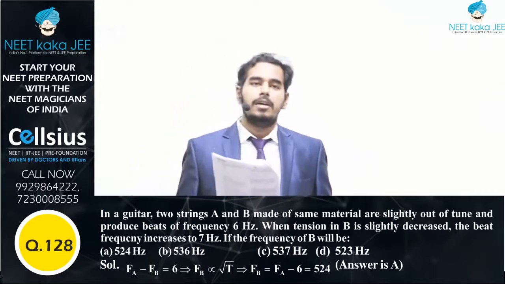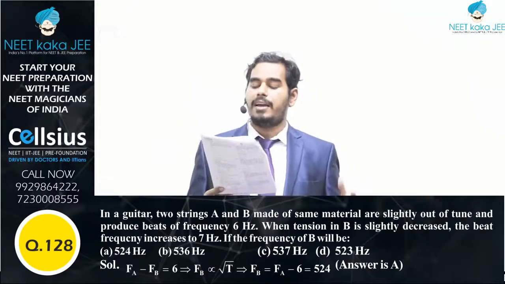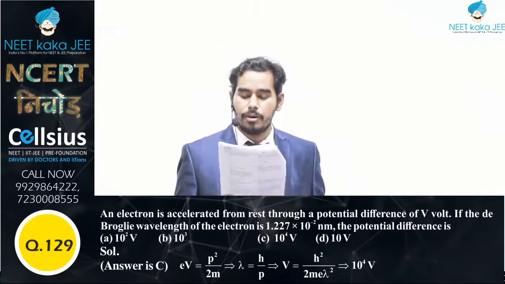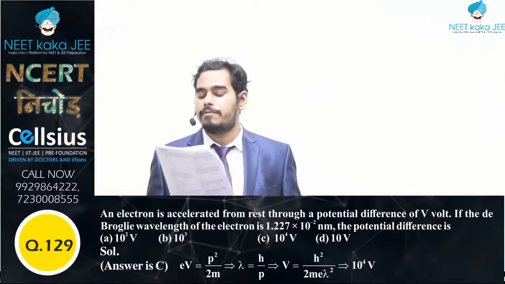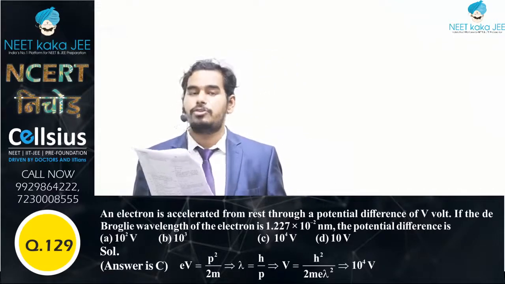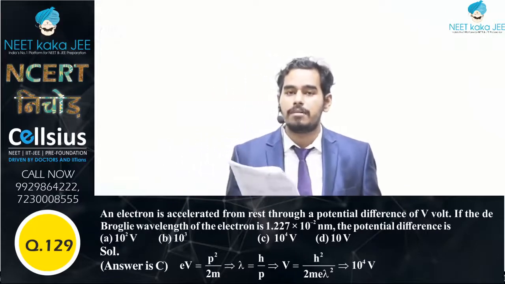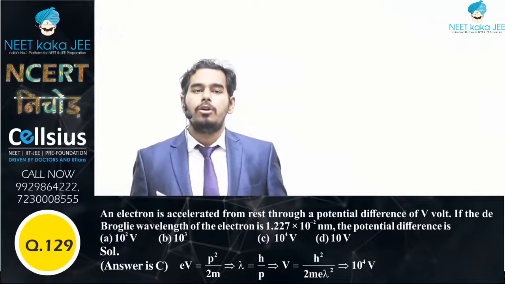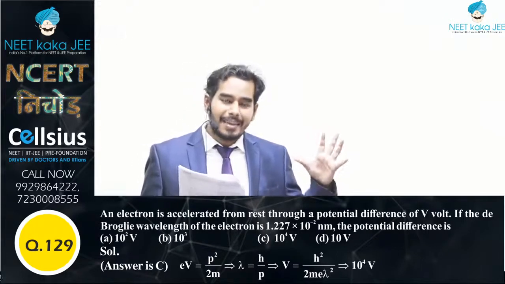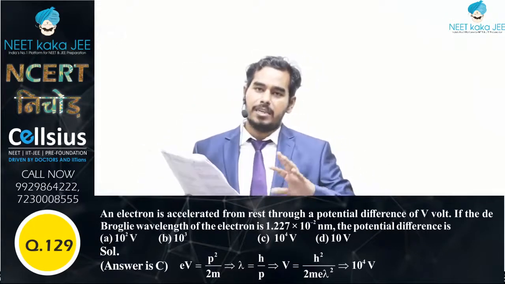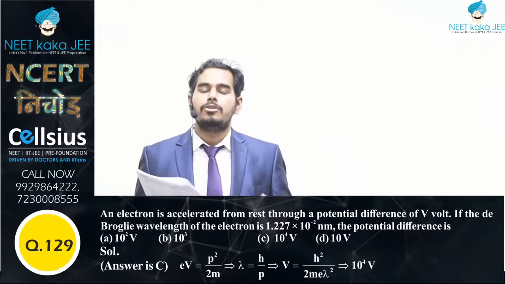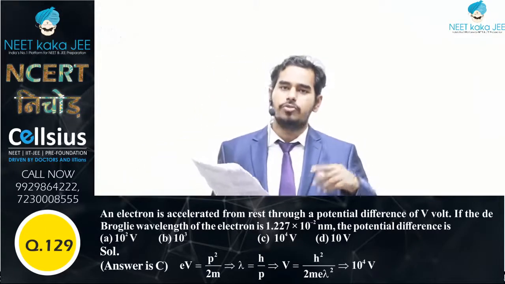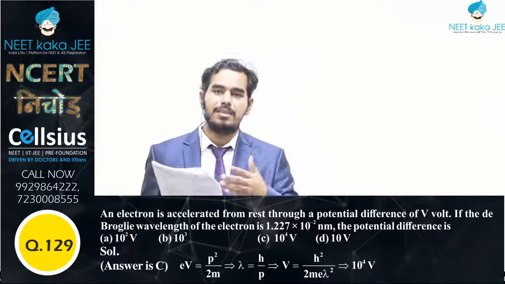Now in question number 129, we have an electron accelerated from rest through a potential difference of V volts. If the de Broglie wavelength of the electron is 1.227 into 10 to the power minus 2 nanometer, then the potential difference is? You know that when you are accelerating through a region of potential, the change in potential energy is Q into V, but Q in this case is e.